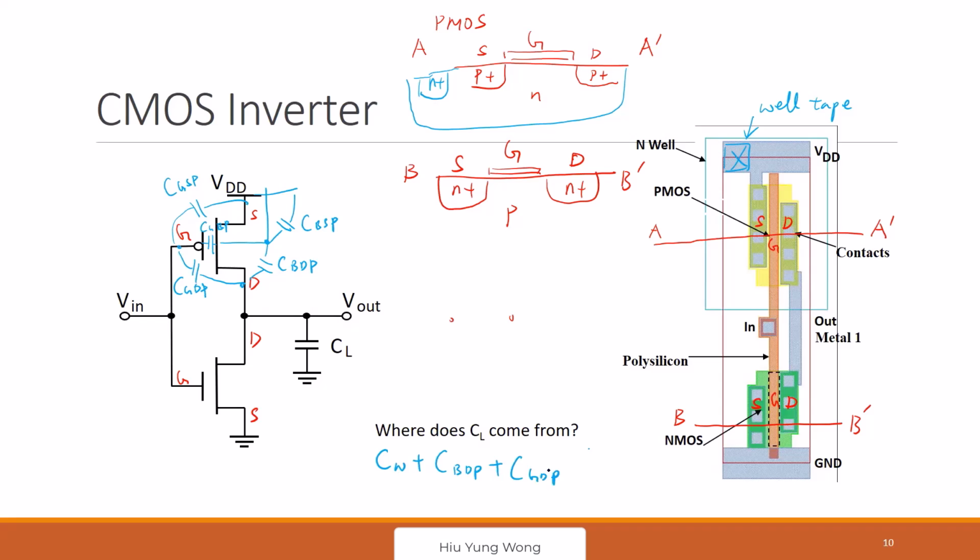But not just P, we also have that for the N, CBDN and CGDN. And then plus C input of the next stage. Actually, I discussed this last time already, but I want to see if you just refresh this idea. Any questions?